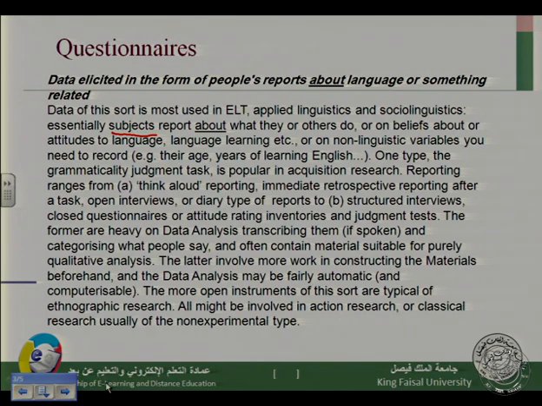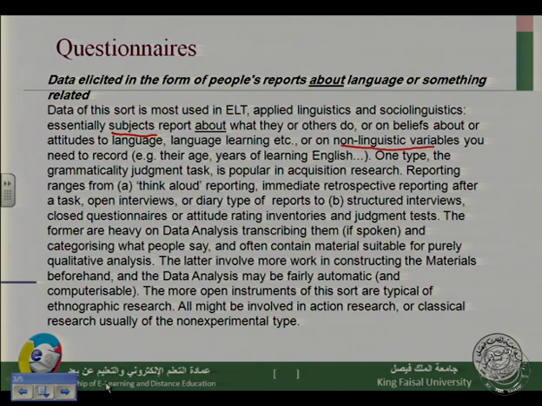What do you think? What is your attitude of learning English from the earlier stages of education, from the first stage, from the second stage, or from elementary schools? Or you can ask about non-linguistic variables.